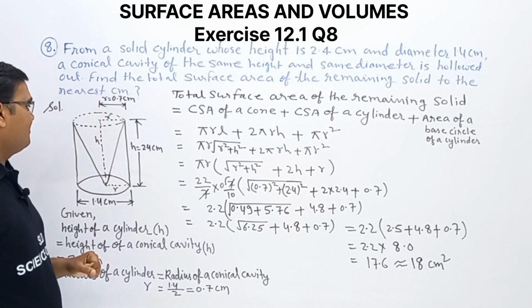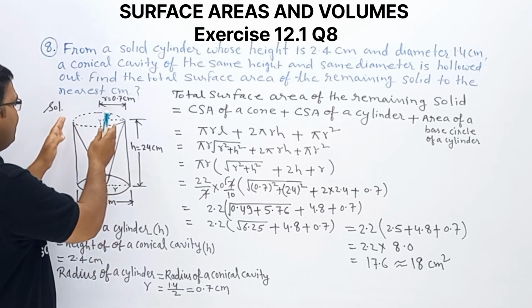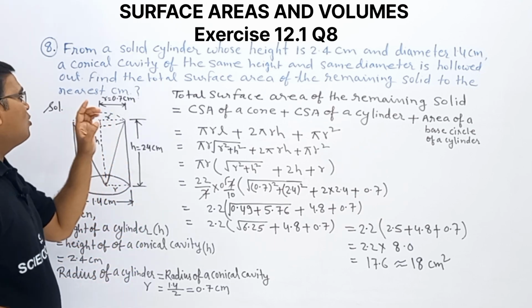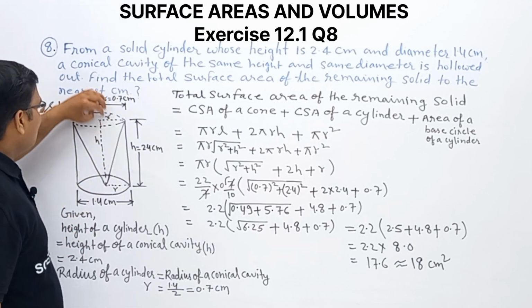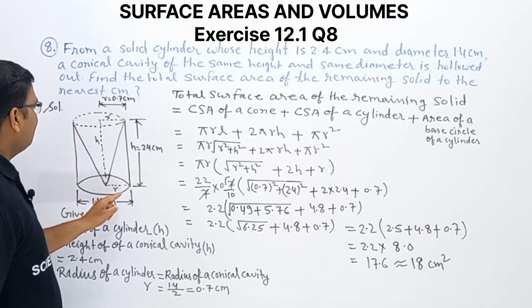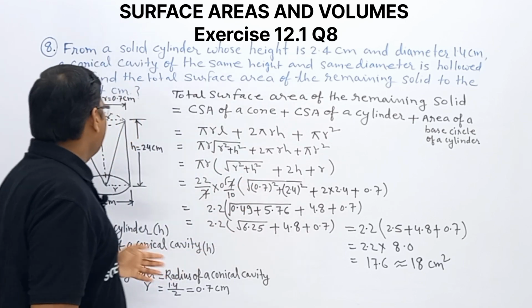Once we removed it, we get a shape, and we want the surface area of that remaining shape. Like this shape. Clear?